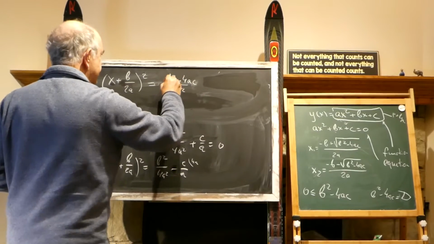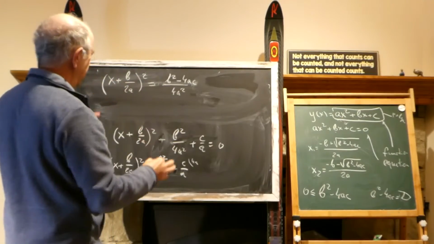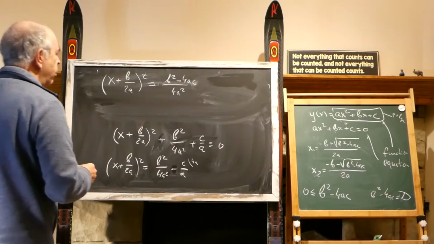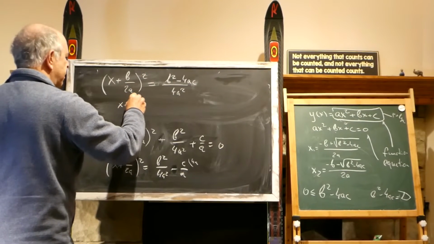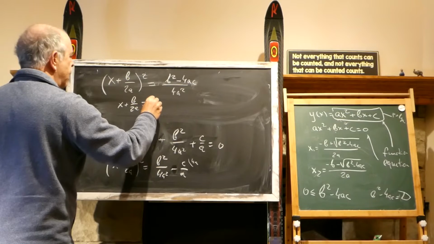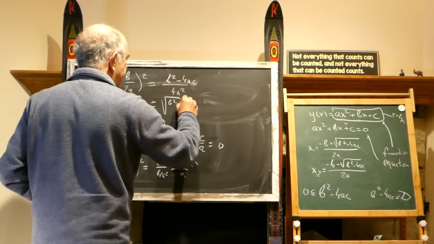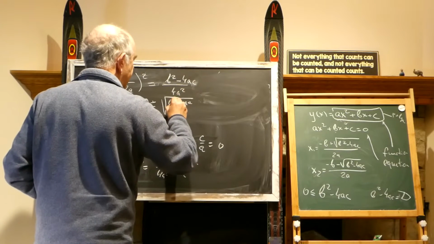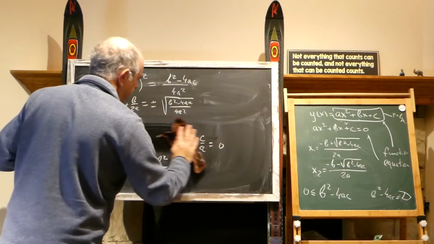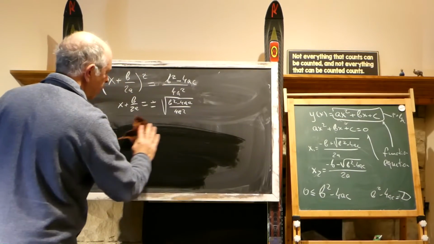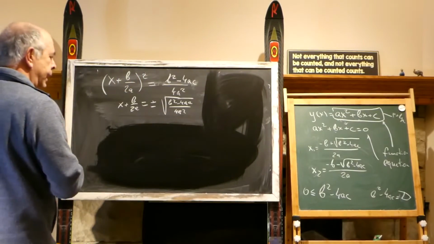And you already see that I have this b squared minus 4ac, and I have a lot of good things going on. So I can extract the square root: x plus b over 2a equals plus minus square root of this b squared minus 4ac divided over 4a squared. So I wipe it out, and I continue.